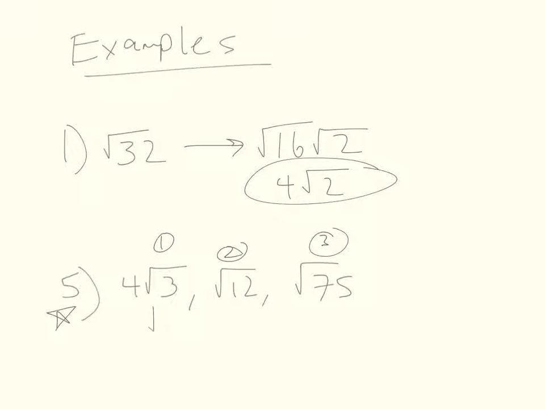So this one, I think, is as simple as it can get because it already is being multiplied by a radical with a prime number, 3. However, 12 I could rewrite as the square root of 4 being multiplied by the square root of 3. And I know that the square root of 4 is 2, so I'm just going to rewrite that as 2 times the square root of 3.